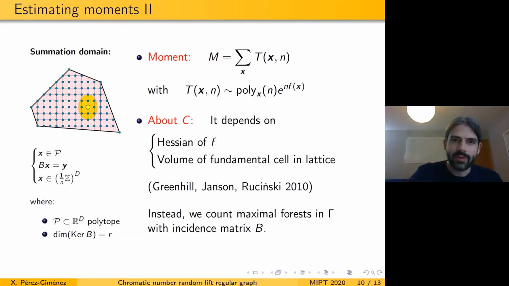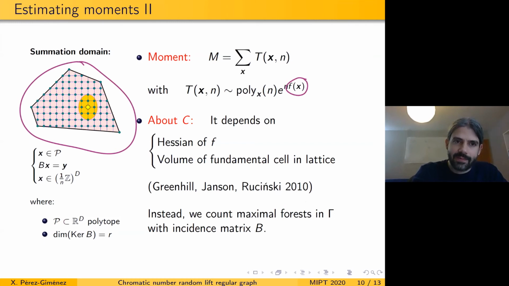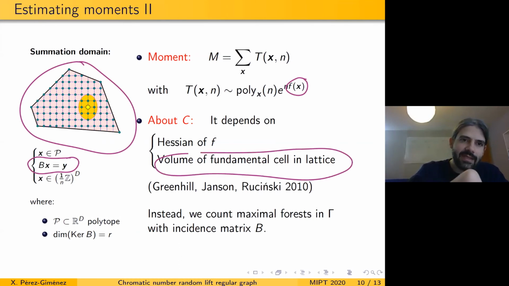So to compute that constant, you have to understand what this lattice looks like. Well, you have to understand what the Hessian of this function is once you restrict it to the affine space, which is an easy calculation. But you also need to know what the volume of the fundamental cell of this lattice is. This lattice was originally a very boring lattice where the fundamental cell has volume 1 over n to the d.